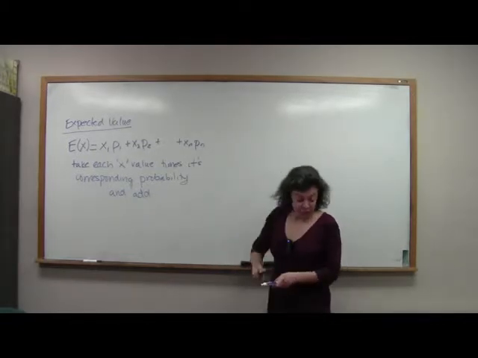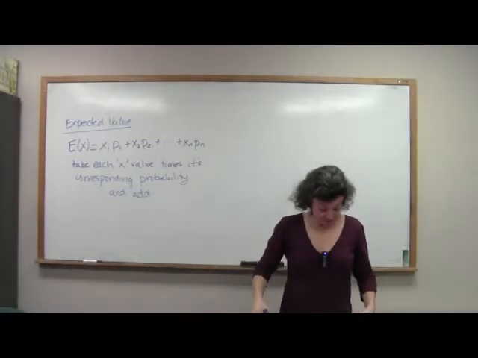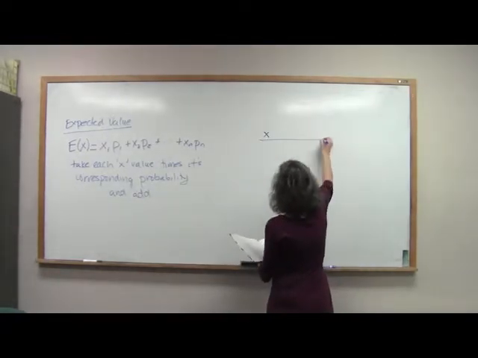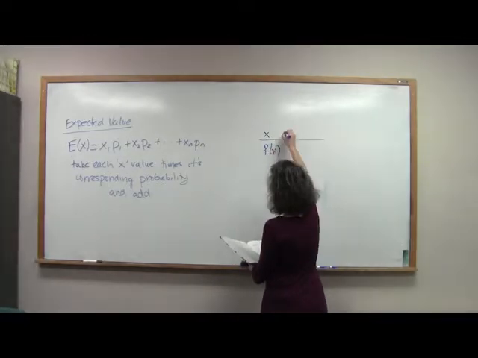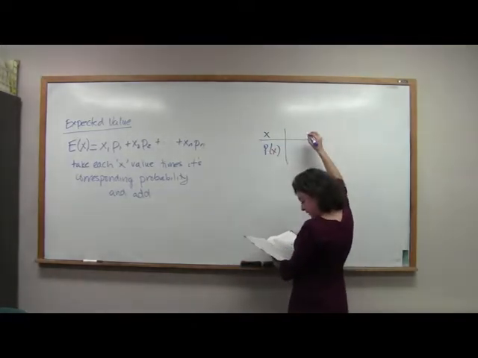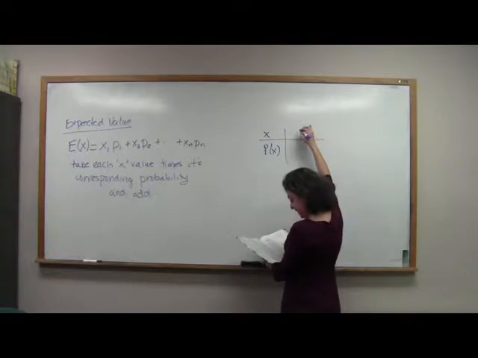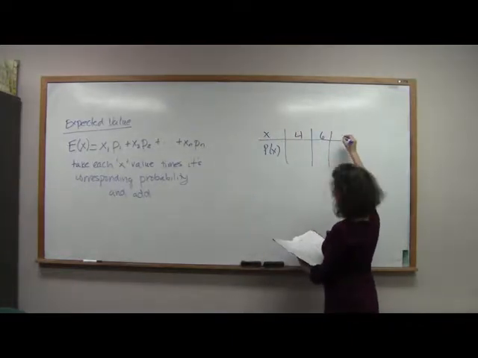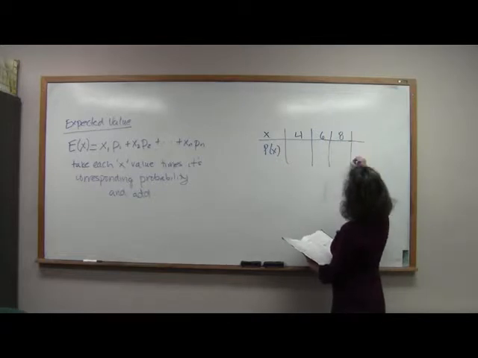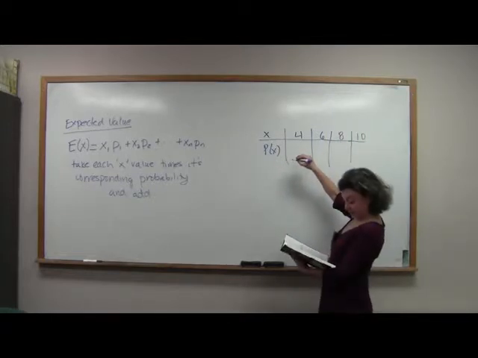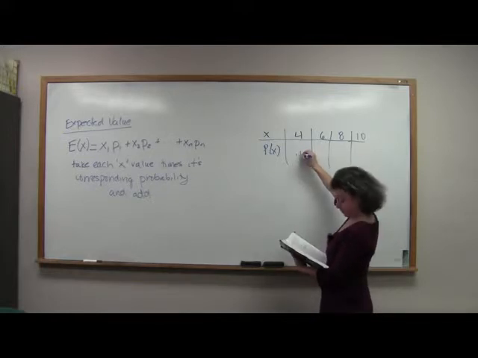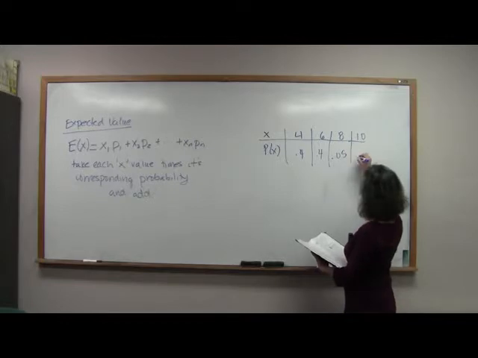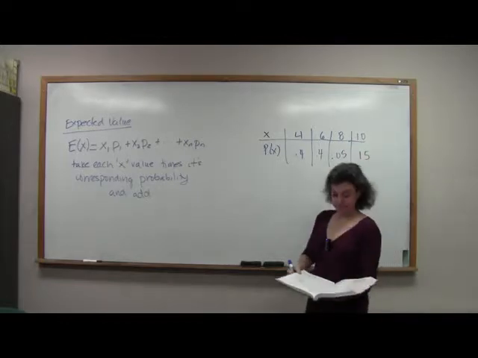Okay? So suppose you were just given this table. Suppose we have the following probability distribution table. And let us say we have 4, 6, 8, and 10. And suppose the corresponding probabilities are 0.4, 0.4, 0.05, and 0.15.